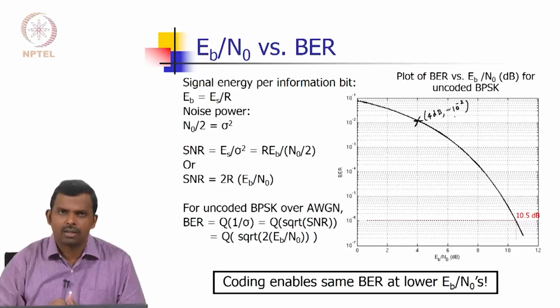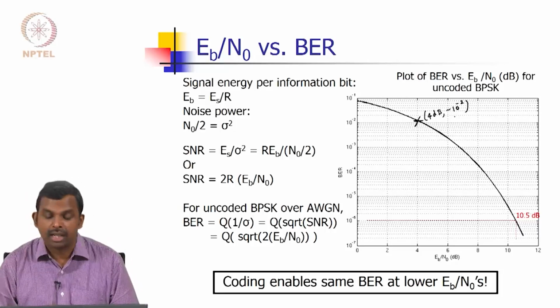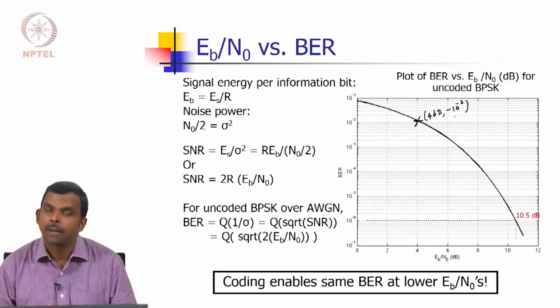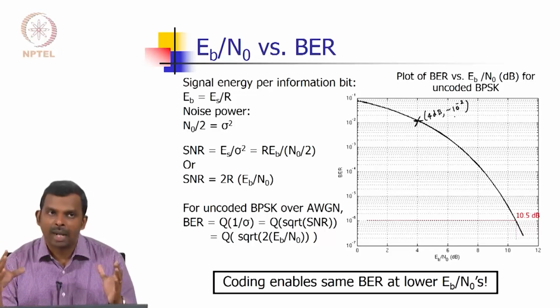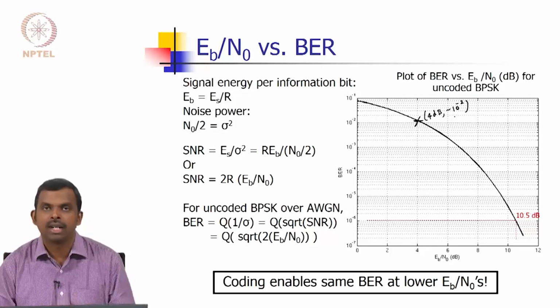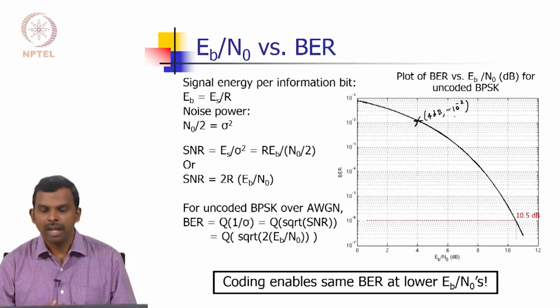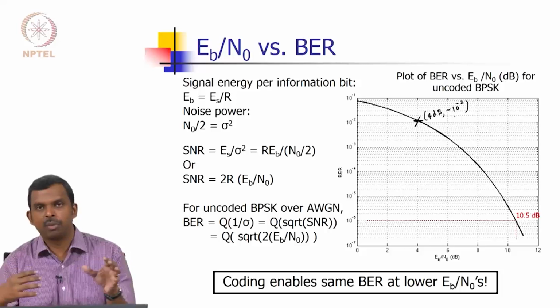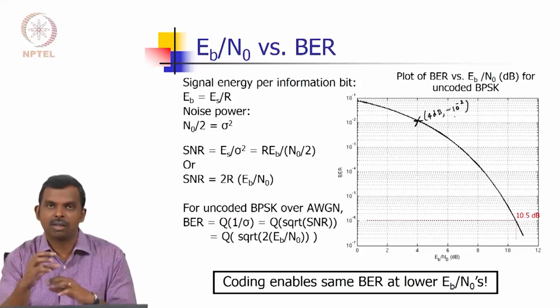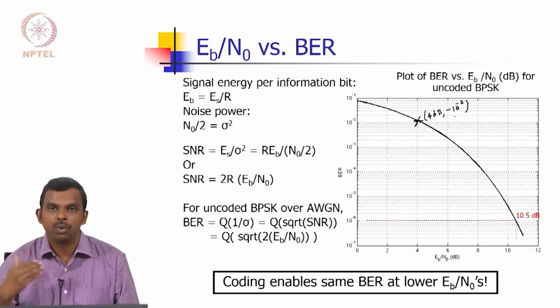So, we will write a quick small simulation to check what will be the error rate at 4 dB of Eb over N naught. We will do it for the uncoded BPSK case. It is good to keep this program with you, because soon enough we will add coding into this program, and at that point you can keep the rest of the framework the same. You just have to change some encoding and you can keep using this framework.